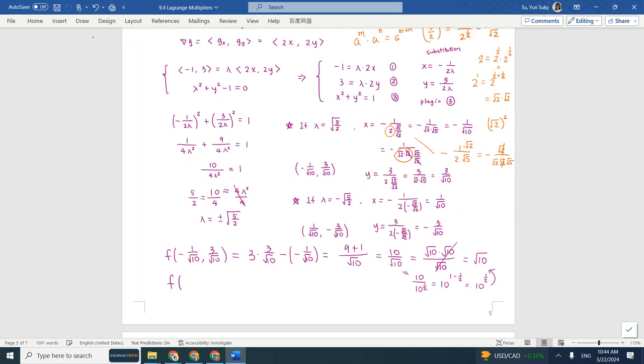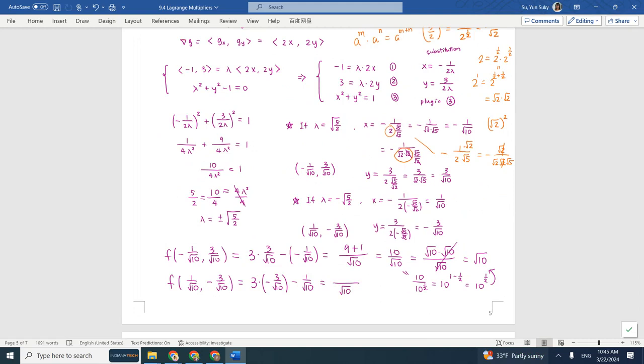So, and then we compute f of the other point, 1 over root 10 and negative 3 over root 10. So your y is now negative, and then your x is now positive. But do you see the denominator is still the same?